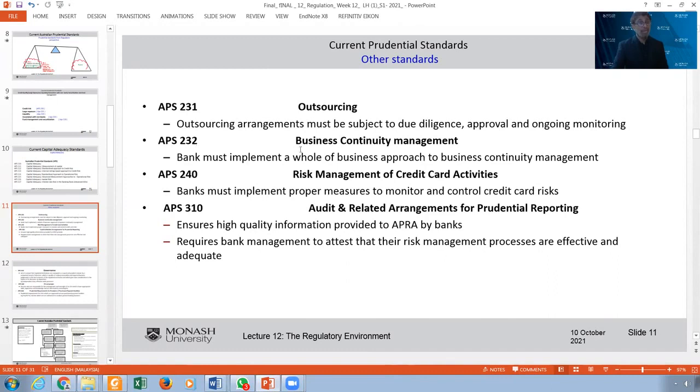They want to guarantee that the business is continuing with the bank. We have APS 232 and 240 talking about the risk management of credit card, one separate individual standard. APS 310 is talking about the auditors, how they audit, what report they should have, and what type of audit. This is the external auditors who audit those financial institutions, and what type of information they should send to the regulator.